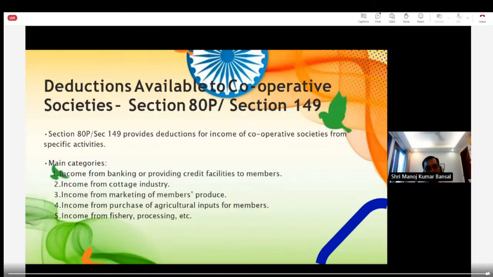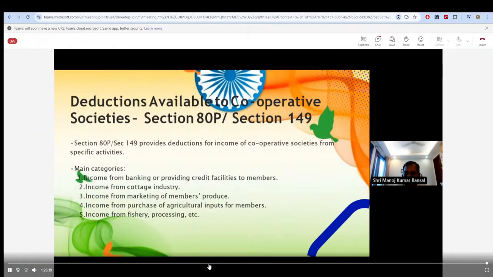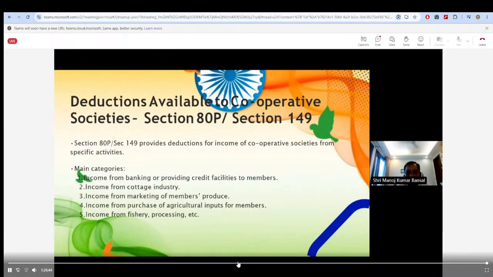Income from fishing, processing, etc. So income from purchases of agriculture inputs for members, just like they buy livestock, they purchase tools and equipment for agriculture purposes which are benefiting their members.